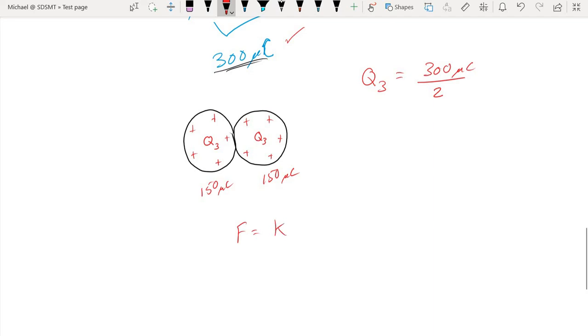And so what's going to happen is that each sphere will now be repelled by the other because they now share the same sign notation. And I've written Coulomb's law here with a q squared, and that's because the magnitude of each sphere is the same.